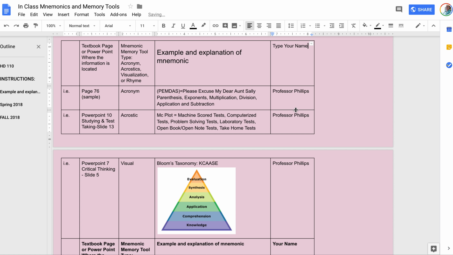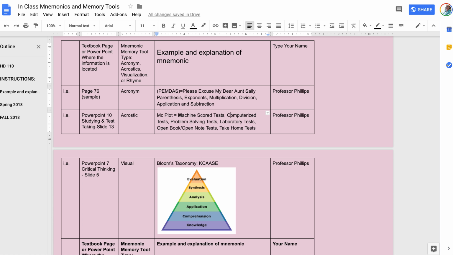There we go. All right, an example of an acrostic is where you try to remember a list of things from the textbook, and you take the first letter of each thing that you're trying to remember.